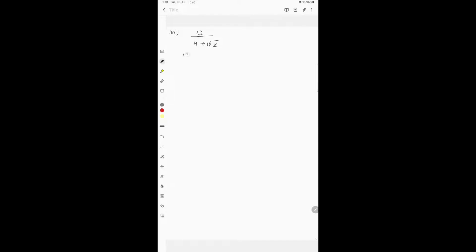Now in this case, I will change the sign, the middle sign of the denominator, and do the same, multiply and divide. The numerator gets multiplied by the numerator, and the denominator gets multiplied by the denominator.